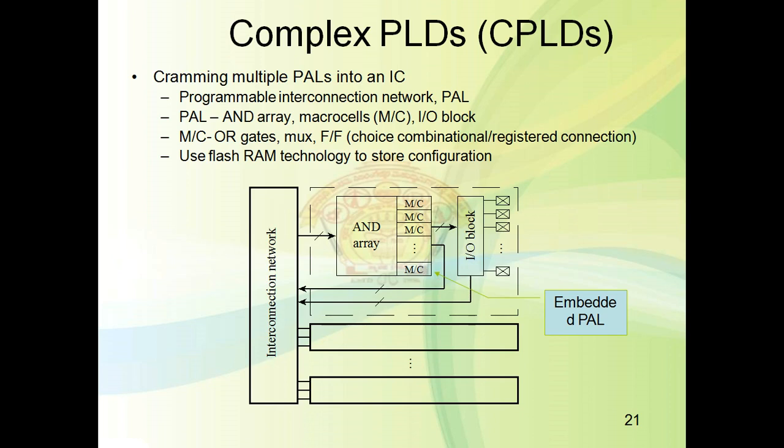The PAL structure allows us to use feedback connection from the PAL or from the external pins. Feedback connection will be from the interconnection network. They use SRAM cells to store configuration bits.